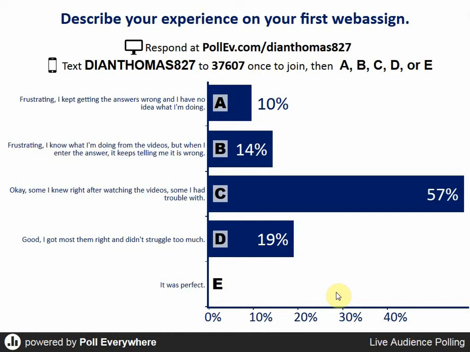For me, it was the entering, because I would have the answer, but if it's not the exact way that the website wanted it, it would mark it wrong. Like, I think I put 26 because it was 26.1, and it marked it wrong.